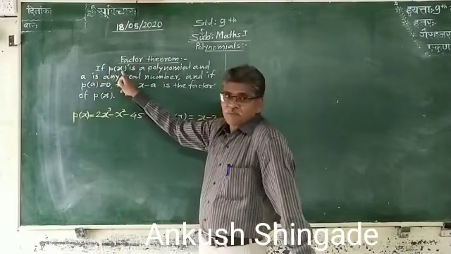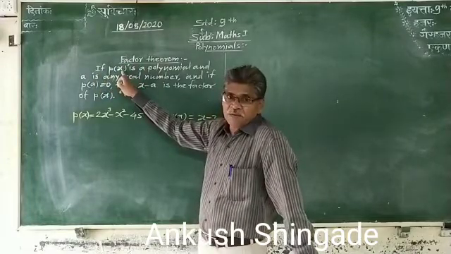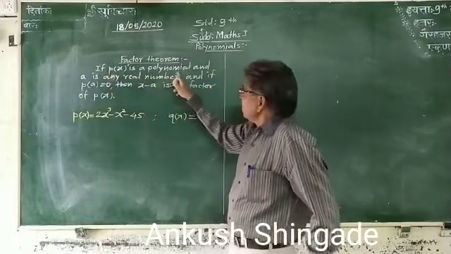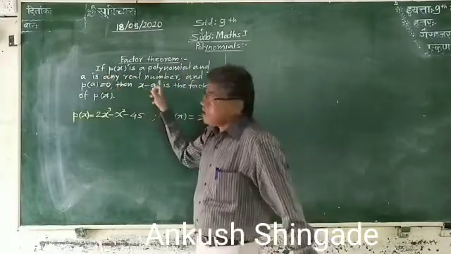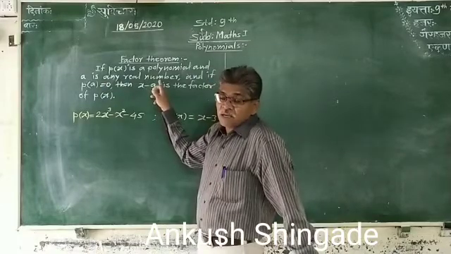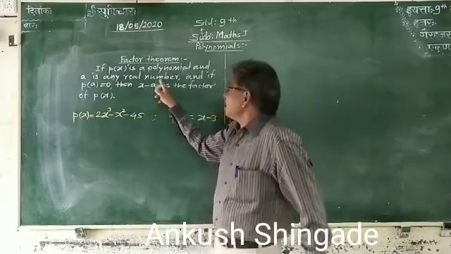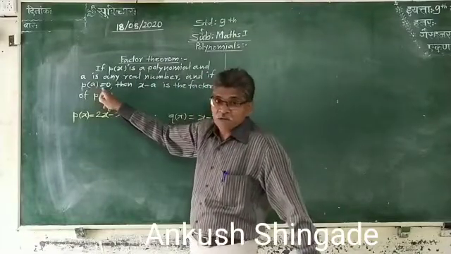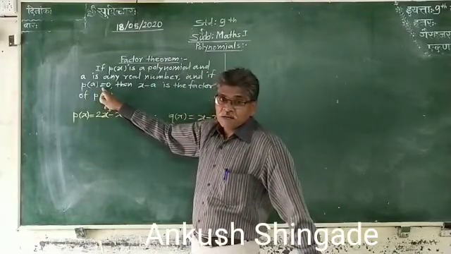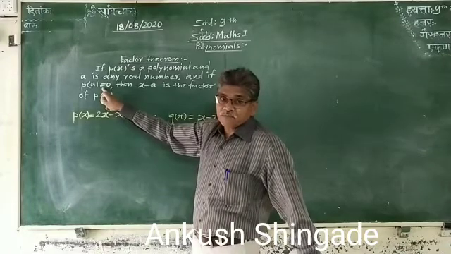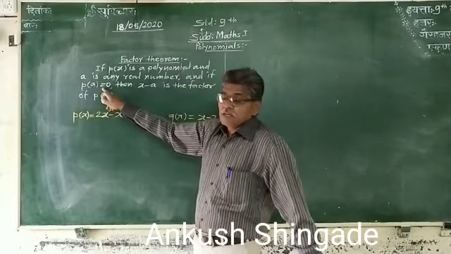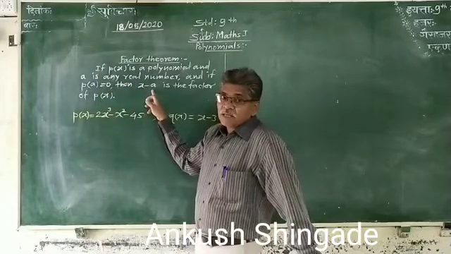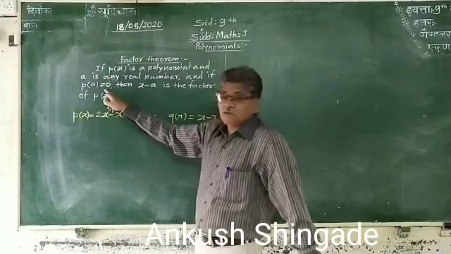If Px means polynomial in x variable is a polynomial and a is any real number, and if Pa equal to 0, then by the remainder theorem, if we divide Px by x minus a, the remainder is equal to 0.